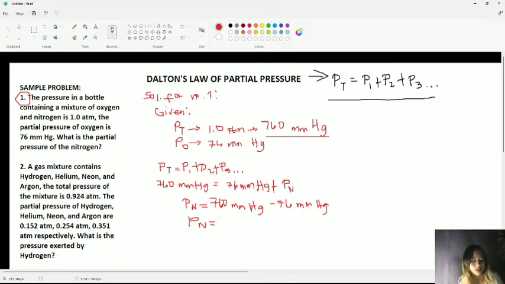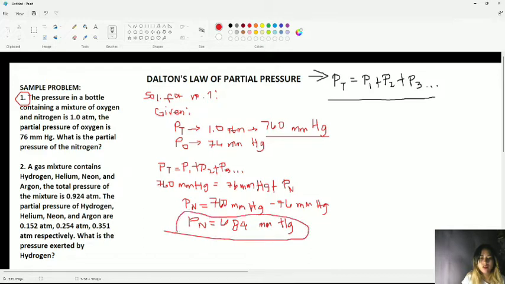Na-minus lang natin syempre yung given na isa sa total na partial pressure. So, that is equal to 684. Ito na yung sagot na partial pressure ng nitrogen, 684 mm mercury.